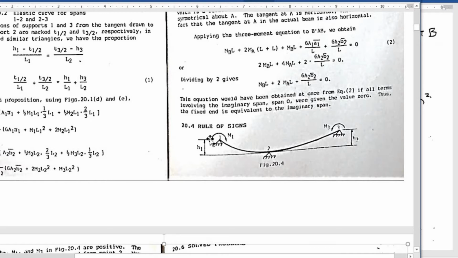Kung saan siya nagsukat. So, H1, ulitin ko, dito sa support, bumaba siya ng 12 mm. Dito, yung H2 naman, from support number 3, so dumaba siya ng 12 mm. So, obviously, ibig sabihin, kung magkaiba ang elevation ng 1 and 3, magkaiba ang H1 tsaka H3 with reference to support number 2.